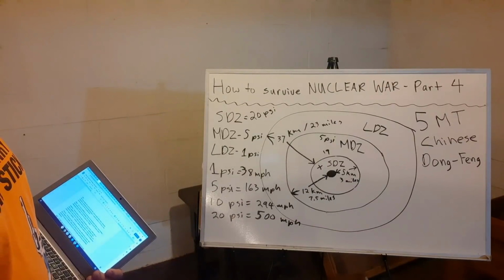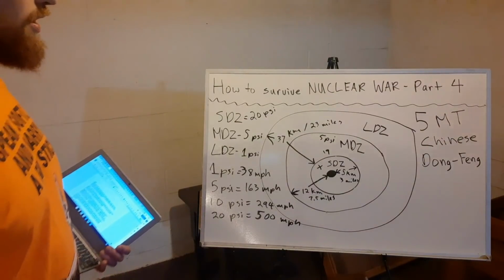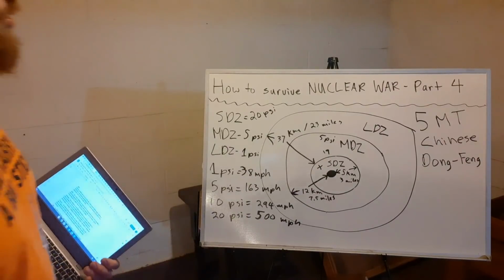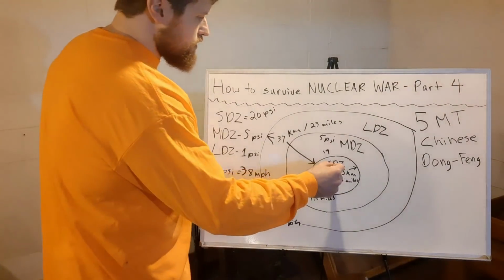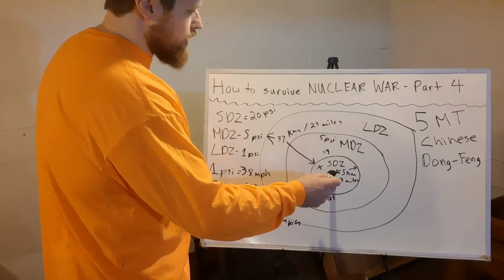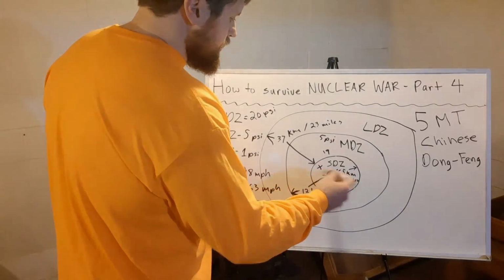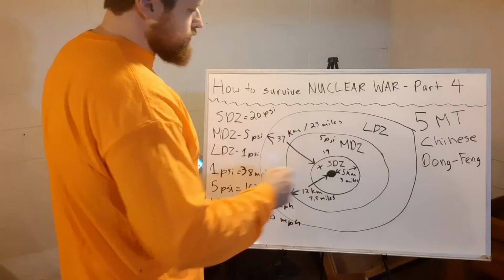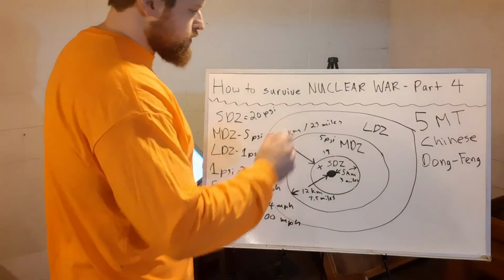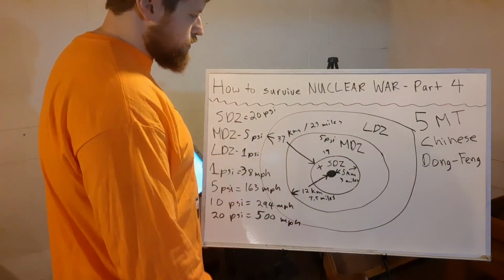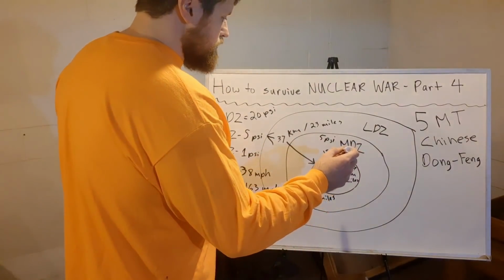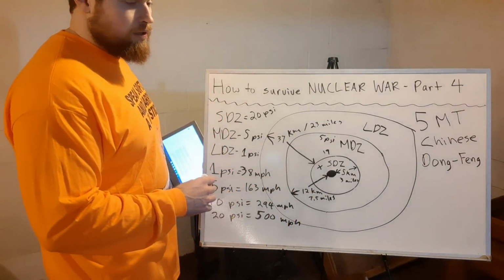If you think you can get out of that area, I would recommend it. If you can cover 3 miles or more within 30 minutes, I highly recommend it. You do not want to be stuck in the severe damage zone, because even if you're underground, in a subway tunnel or in an underground facility of some kind, like the basement of the World Trade Center or the basement of any kind of office building, you don't want to be stuck there because you're going to get buried under 30 feet of rubble, okay?